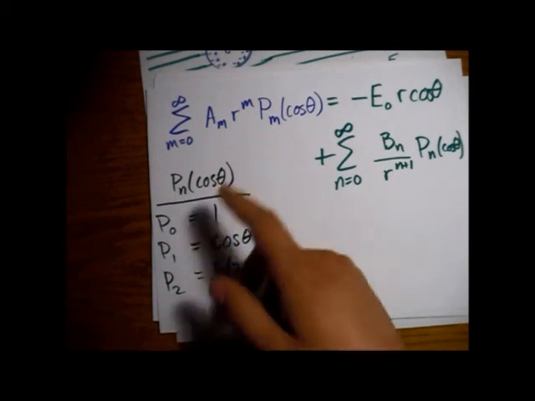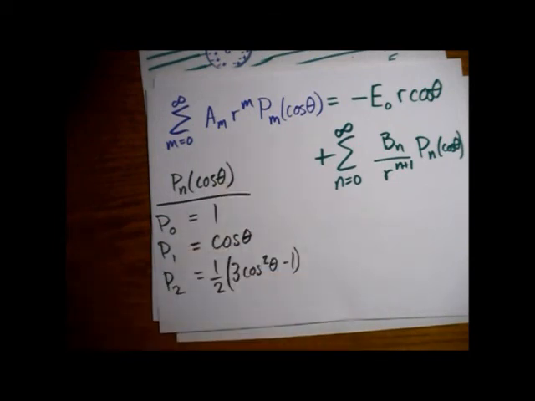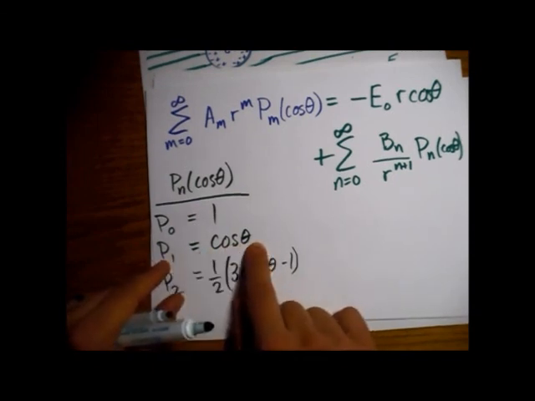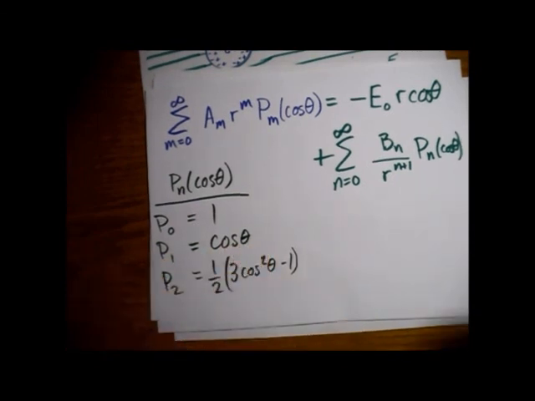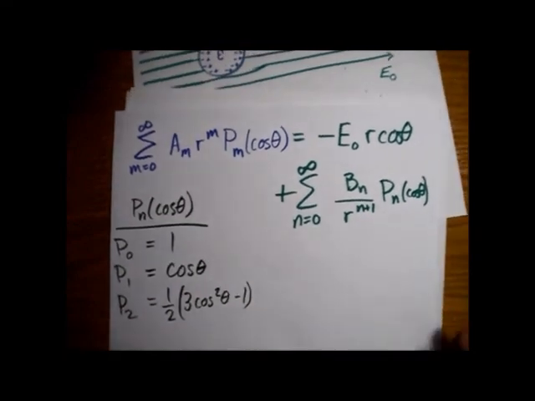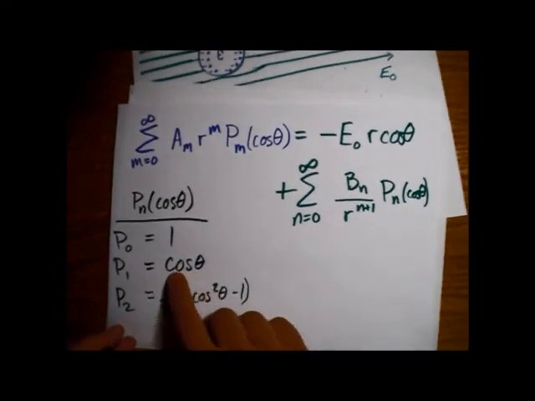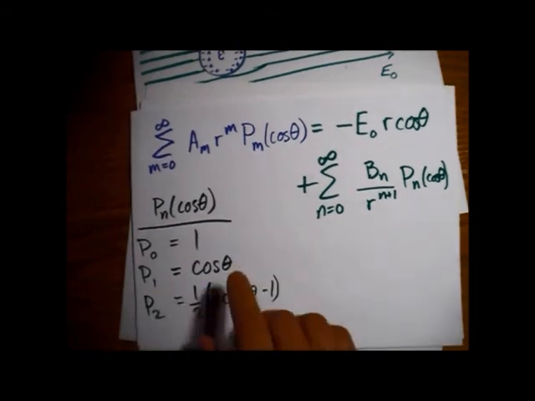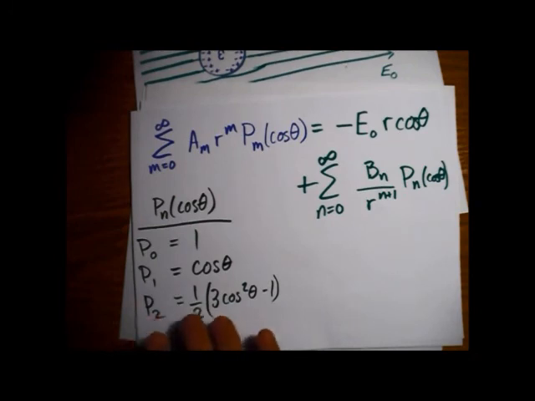But because of the orthogonality of these, you can have an infinite number of equations where you bring all of the P sub 1 terms into one equation, and all of the P sub 2 terms into its own equation, and all of these things like this, right?